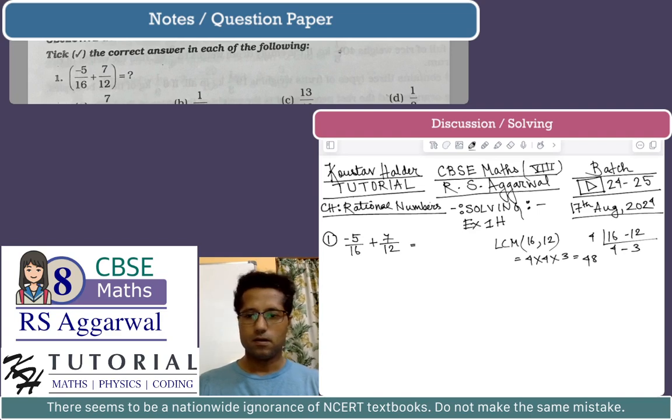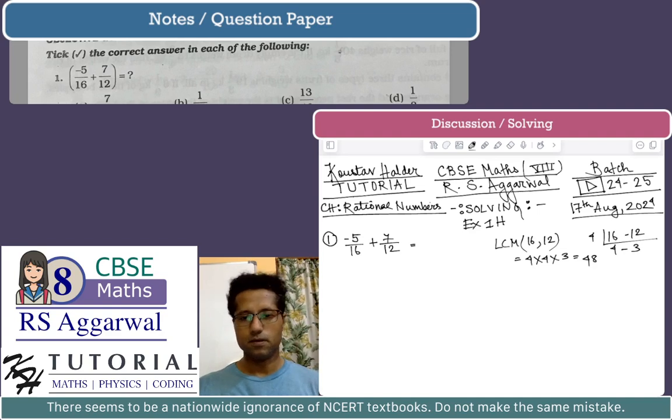Okay, 48. Now we have to convert the given two rational numbers into their equivalent forms, so that both have a common denominator of 48.